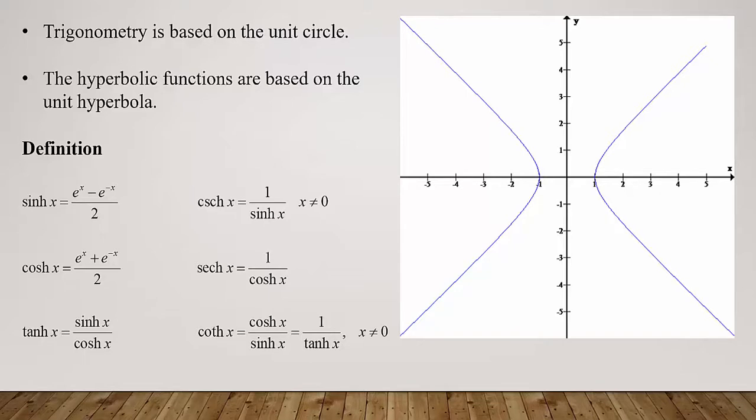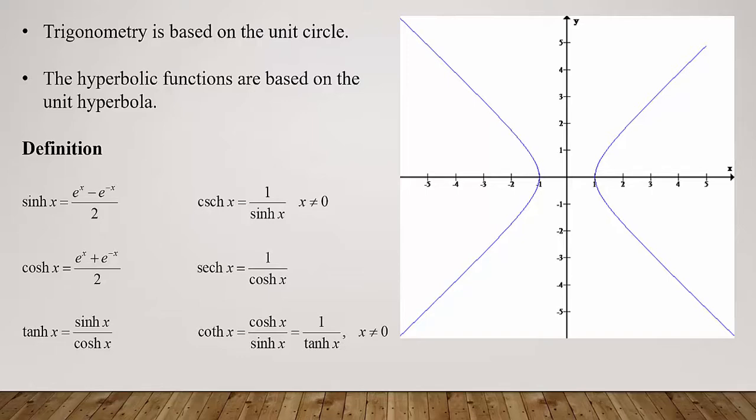So there's kind of a connection to trig as well. It looks like there's some identities that we know from trig that appear to be true here in the hyperbolic world.